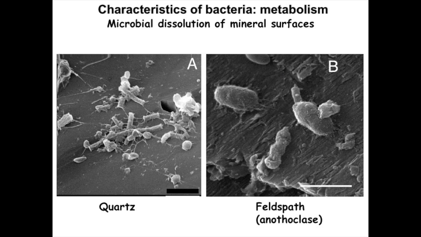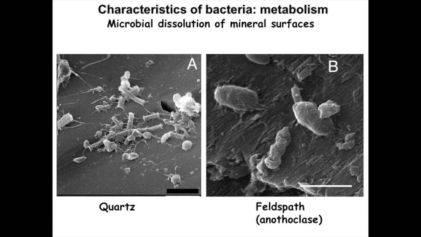Now, these are processes. How can processes be preserved in the rock record? They can only be preserved if the processes have an effect on the immediate environment. So, microbes like surfaces. Most microbes are surface related. And here are some images of microbes on the surfaces of minerals such as quartz or feldspar.